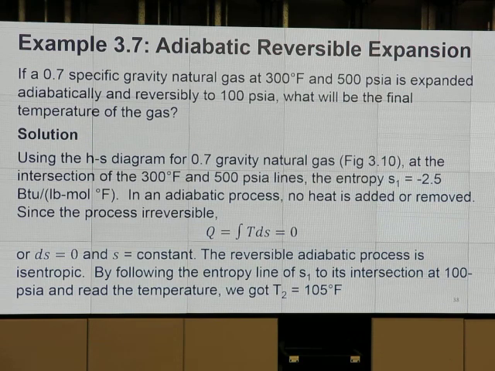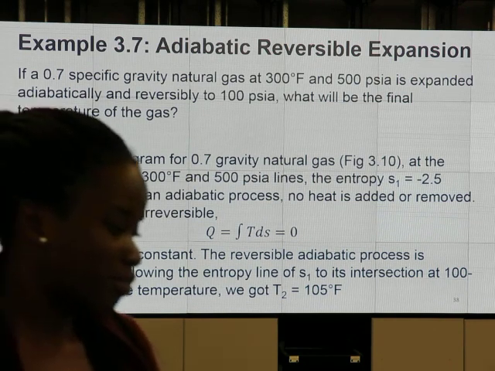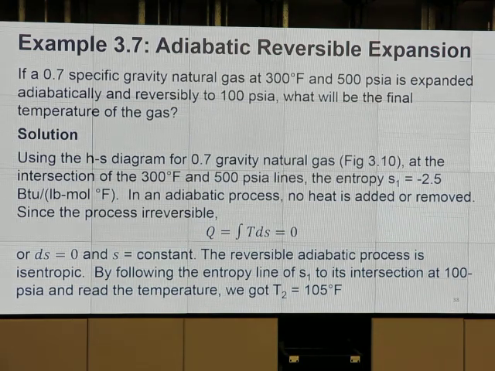So the example here asks us to use a graph. If we go from 300F, 500 psia, it expands and moves down vertically to 100 psia.